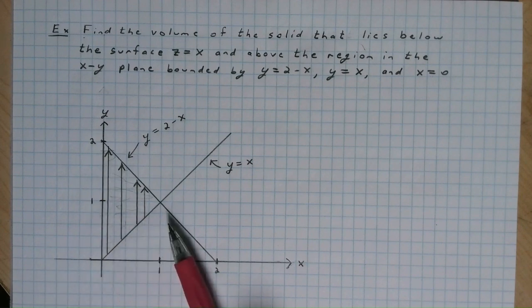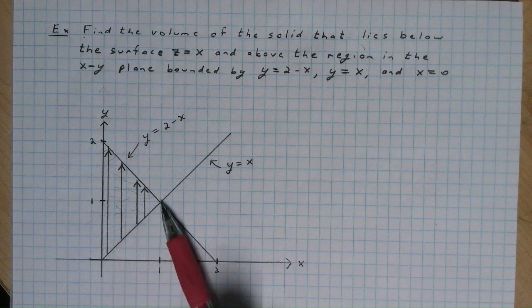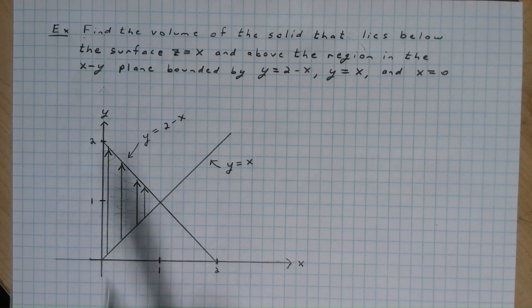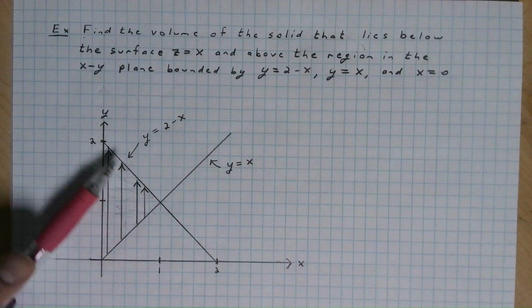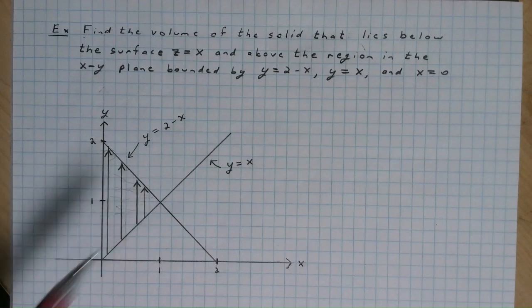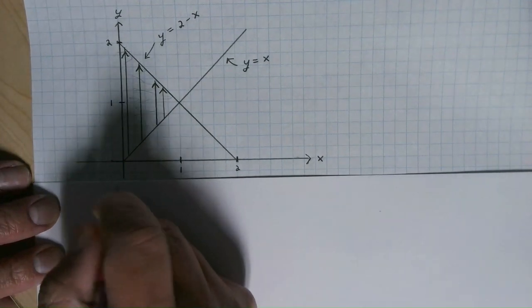And then when you do this, your lower bound on your integral is going to be where the arrow starts, and the upper bound is going to be where the arrows end, where the heads of the arrows are. So then let's set up our integral.